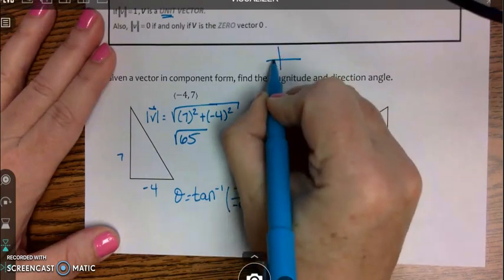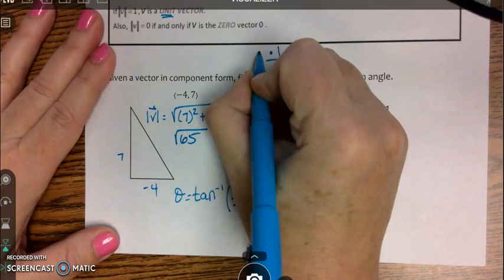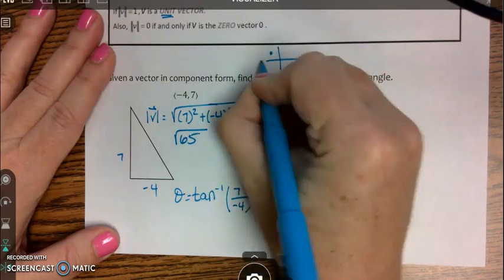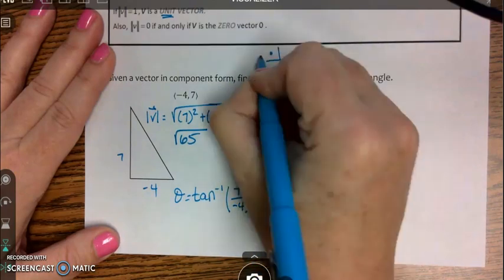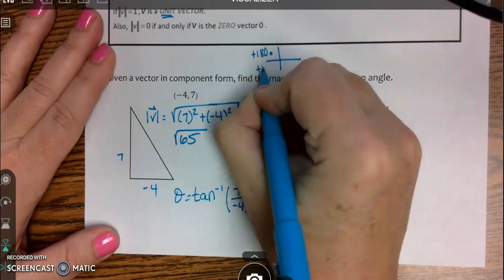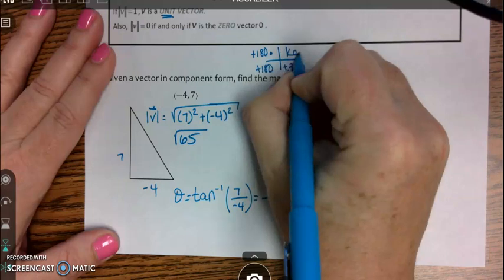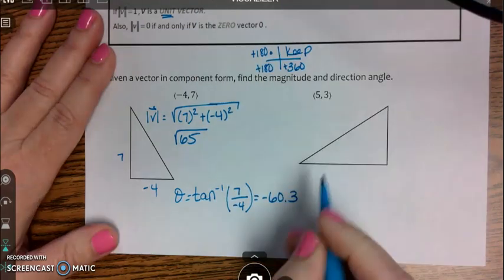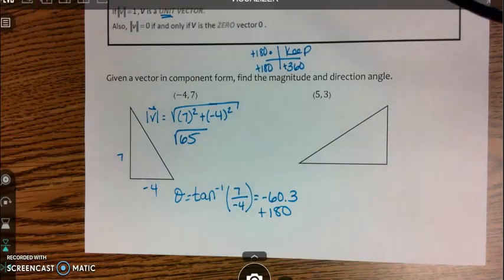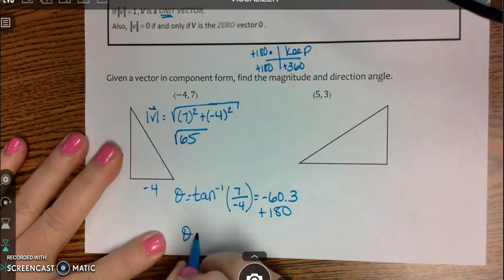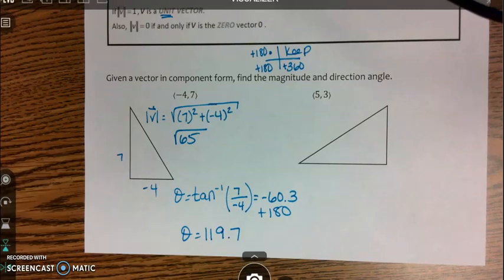A negative and a positive. So what we're going to have to do here is add 180. So plus 180, and that gives us 119.7.